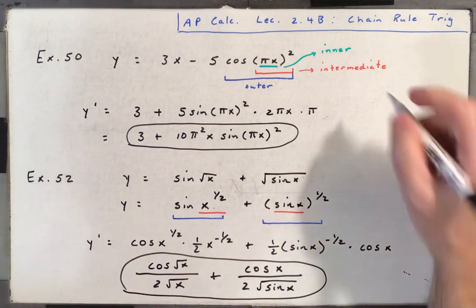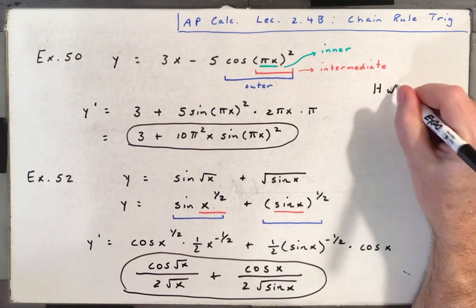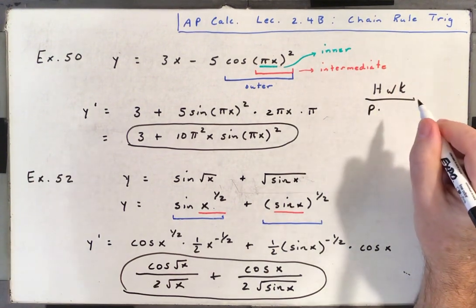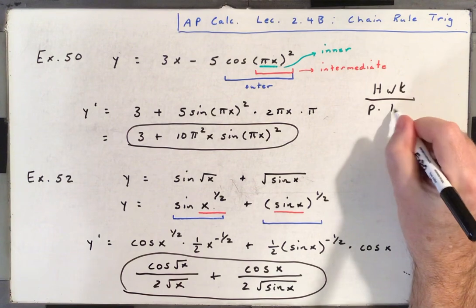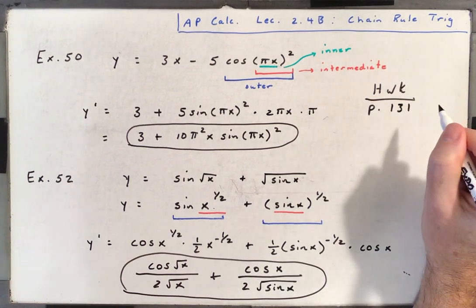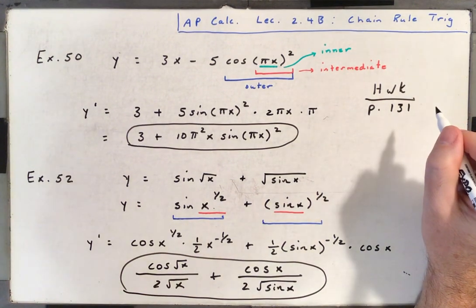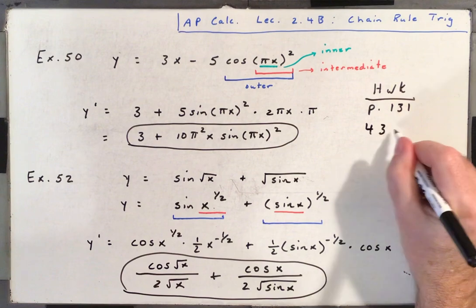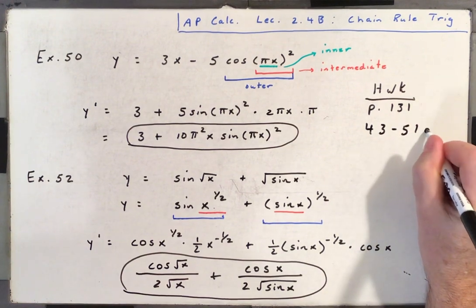Okay, so the homework. All right, we're on page 131. Okay, you're going to do 43 through 51 odd. So that gives you practice on the trig ones.